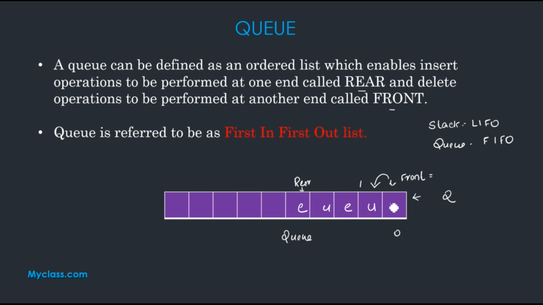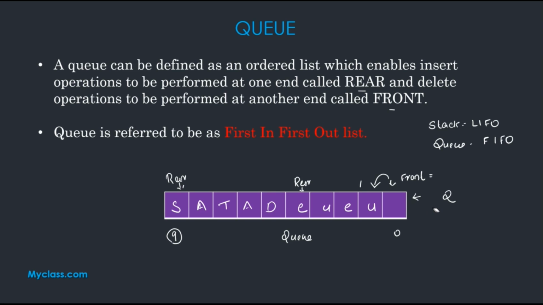So maybe our value is like queue data structure, or queue datas. At this time, if the queue is full, our rear is pointing to the very last element. If the rear is pointing to the very last index, the queue is full. If we are deleting an element from the front side, let's assume that we have already deleted the element q.